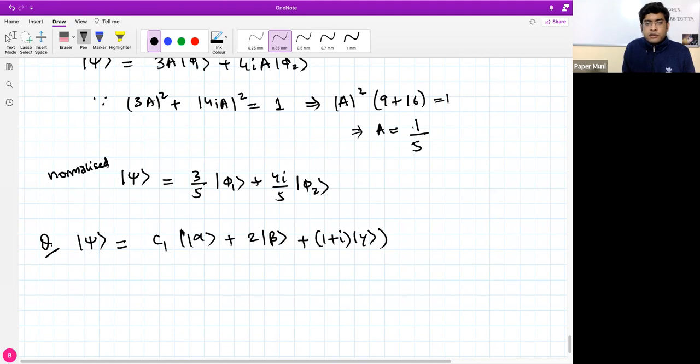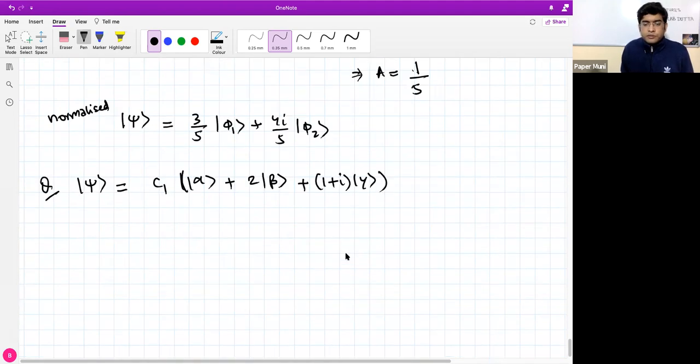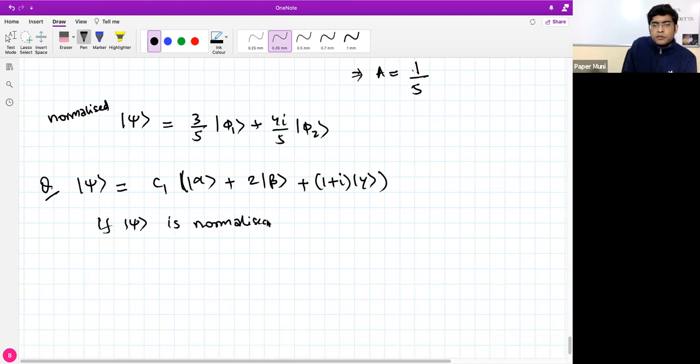This is the wave function given to you, where alpha, beta, gamma are orthonormal to each other. So what is the value of c1 if psi is normalized? Find c1.